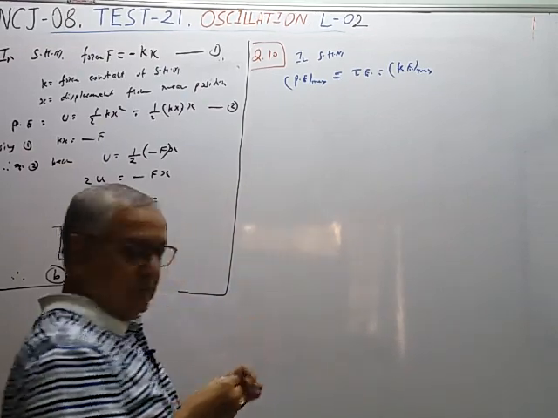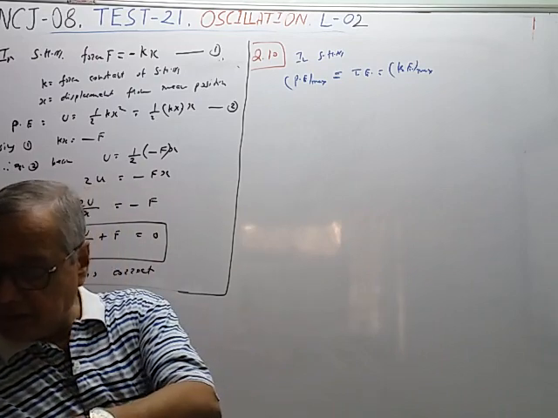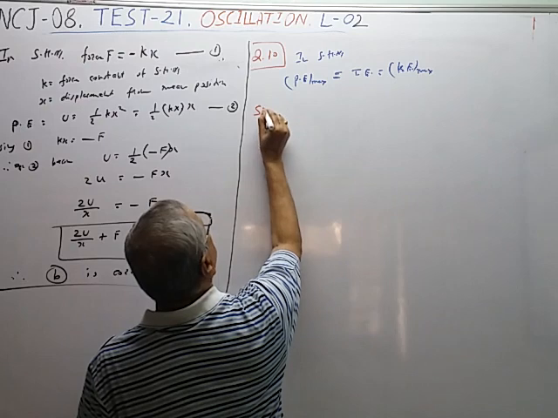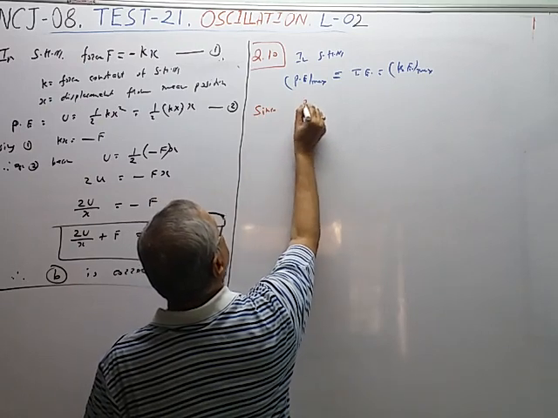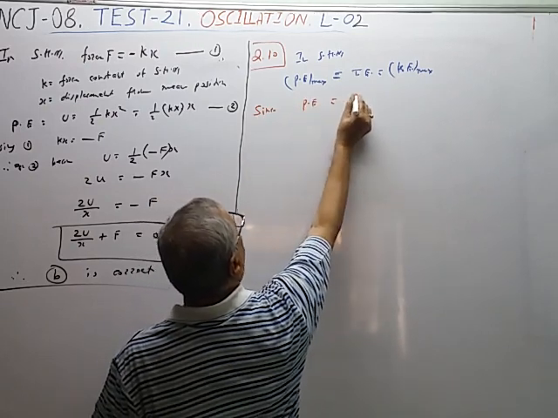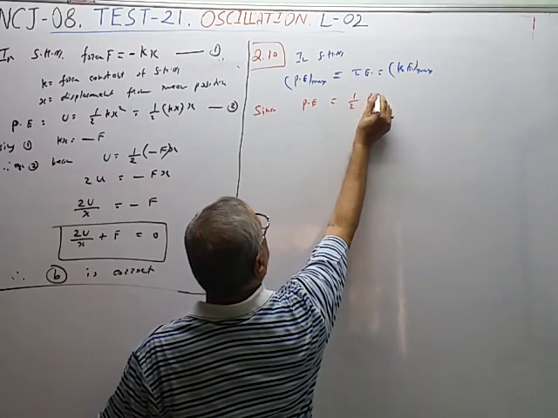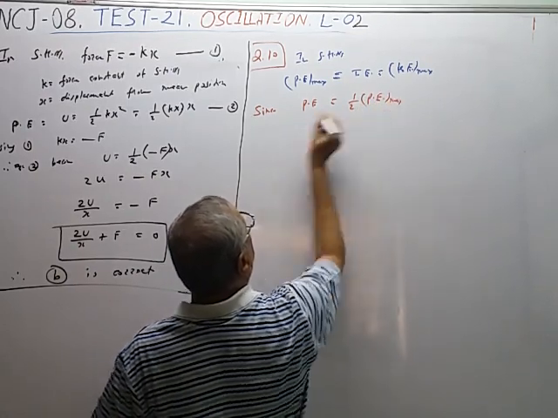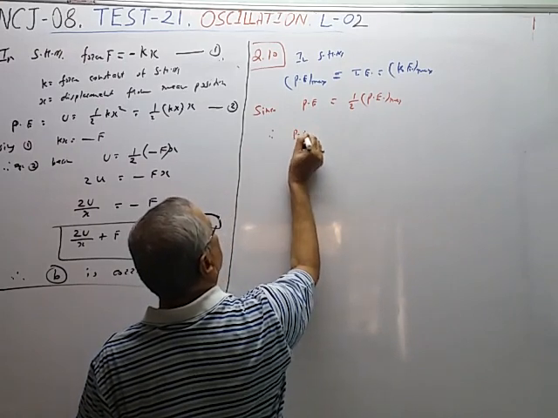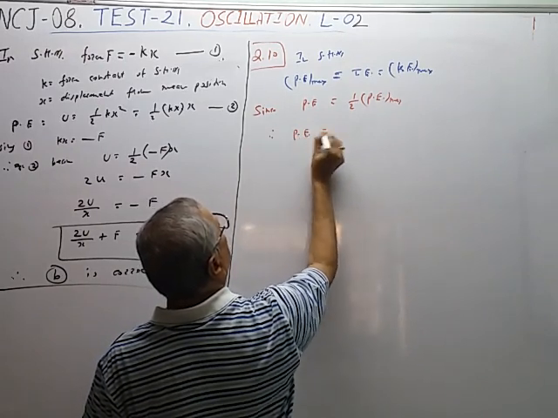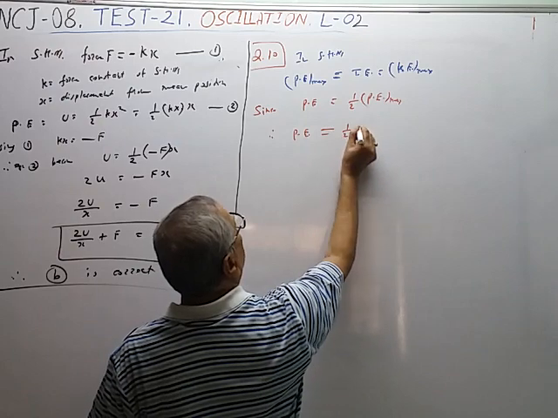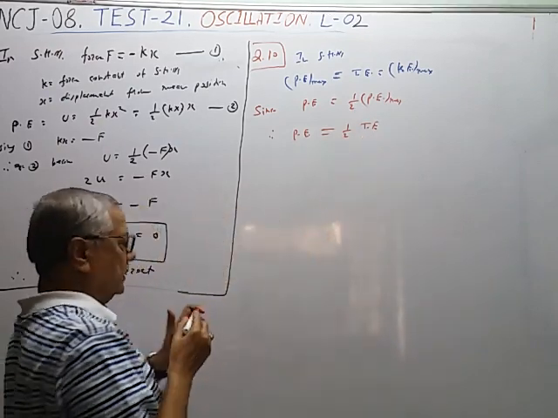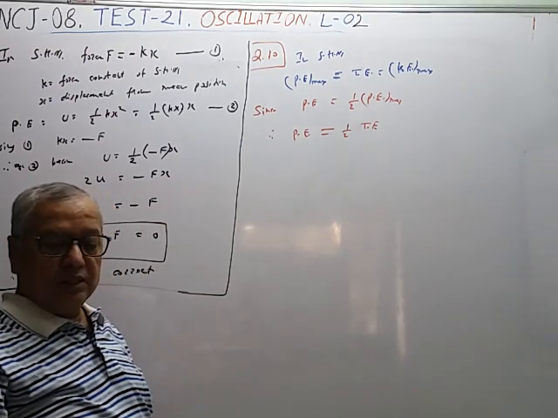Since what is given, the potential energy is half of P max, therefore potential energy is equal to 1/2 of total energy. This is the given quantity.